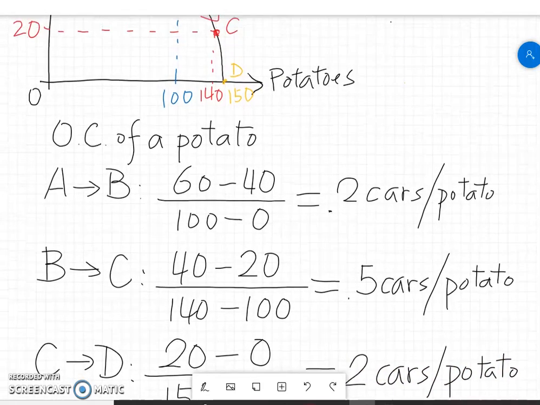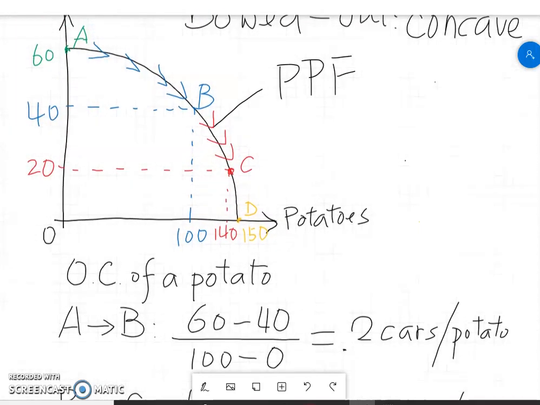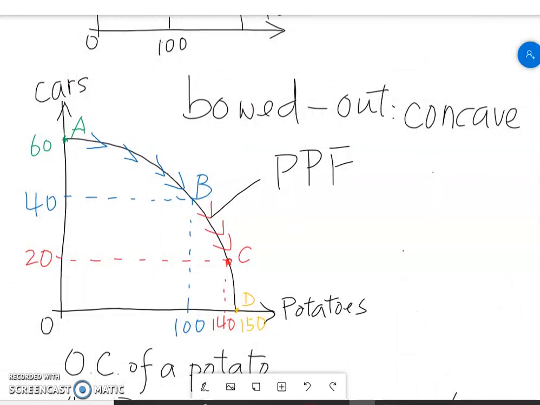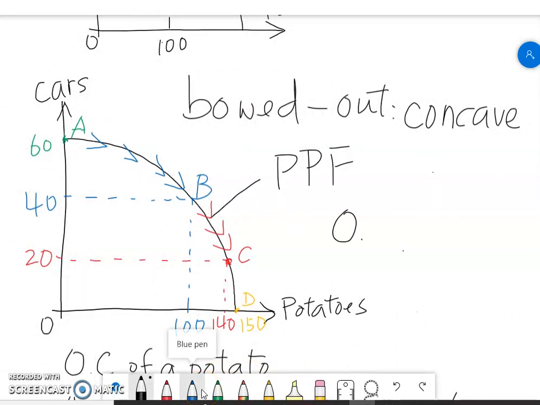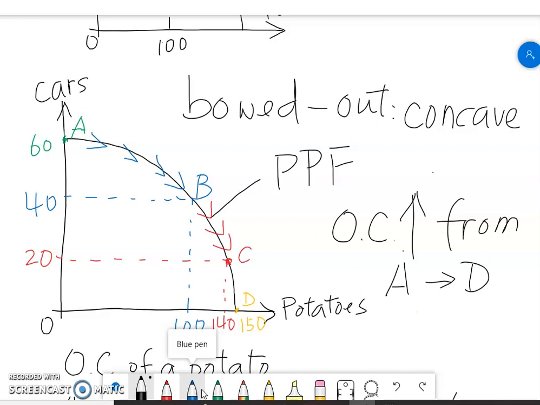So here we find that the opportunity cost is actually increasing from A all the way to D, right? In other words, the economy gives up more and more cars to be able to get 1 potato.